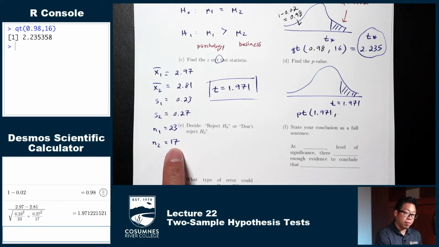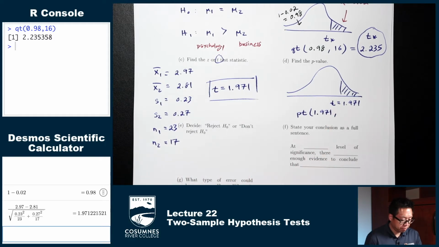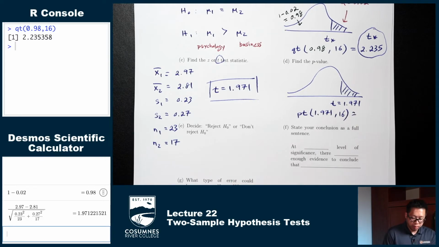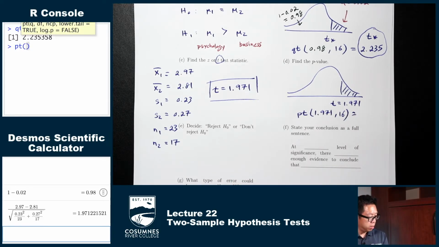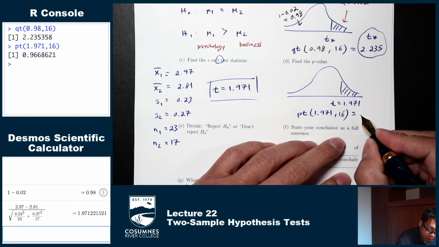Smaller sample size will be the 17, and then degrees of freedom will be 1 less, 16. So pt in R, 1.971, comma 16. 0.967. Round to 3 decimal places here, 0.967.